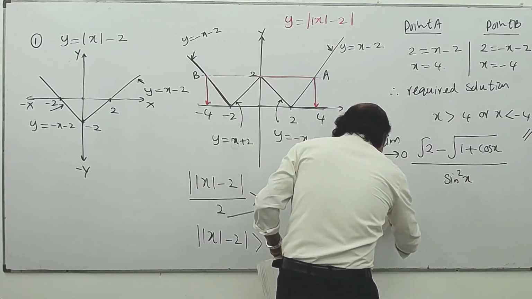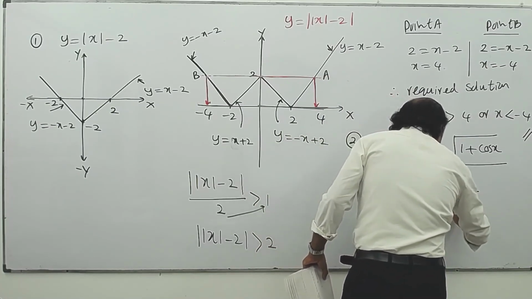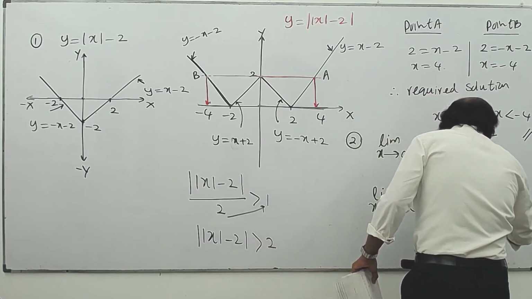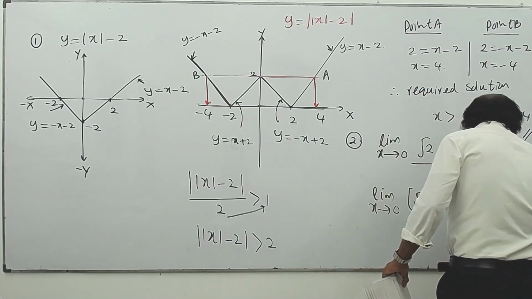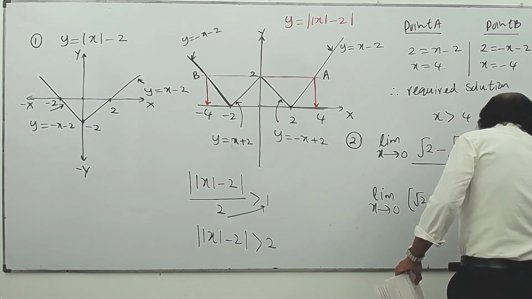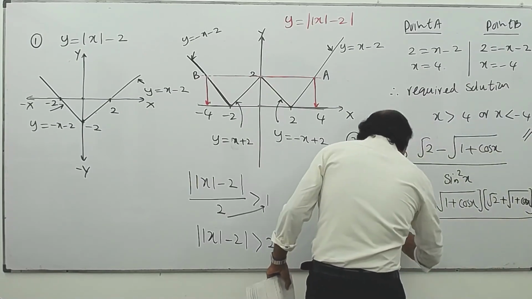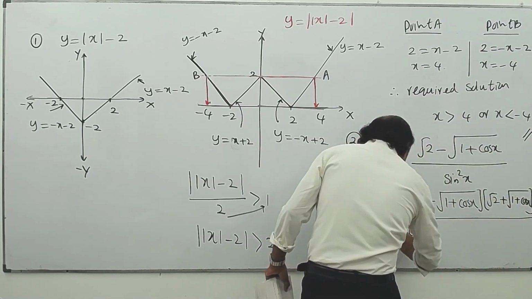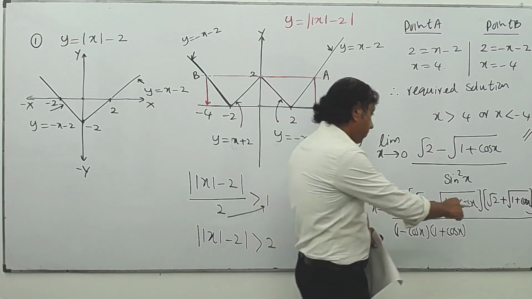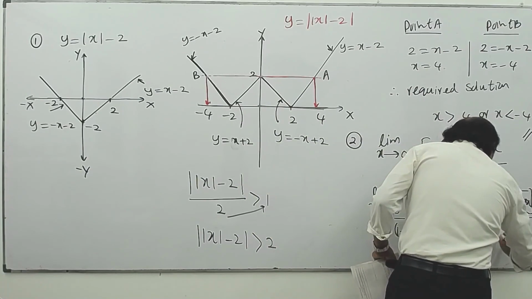Limit x going to 0, root 2 minus root 1 plus cos 6x, root 2 plus, this sin squared x we can write as 1 minus cos 6x, 1 plus cos 6x, and this conjugate we have to write here, root 2 plus root 1 plus cos 6x.